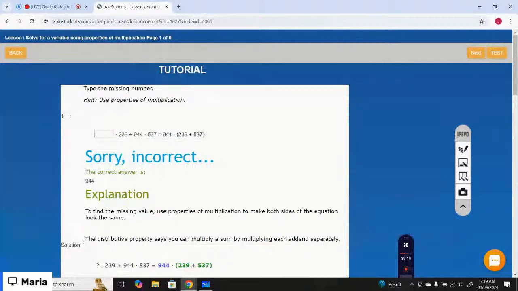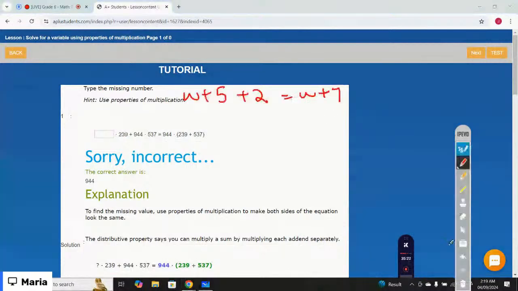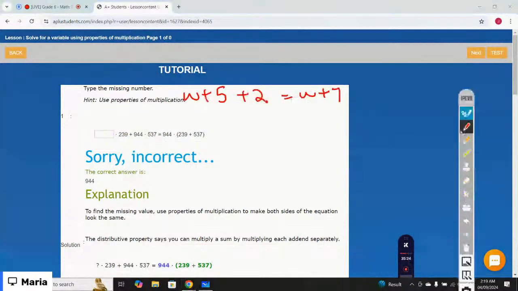Use the properties of multiplication. You are given the hint. So we are going to use the properties of multiplication. You have the missing number times 239 plus 994 times 537, and here you have 944 times 239 plus 537. So basically that is the distributive property of multiplication you need to apply.